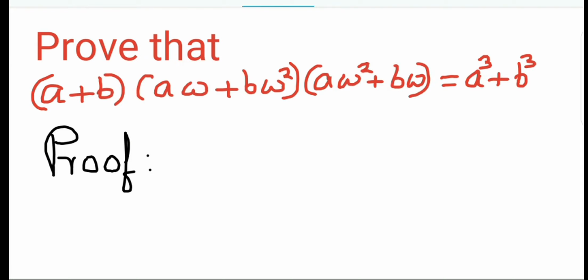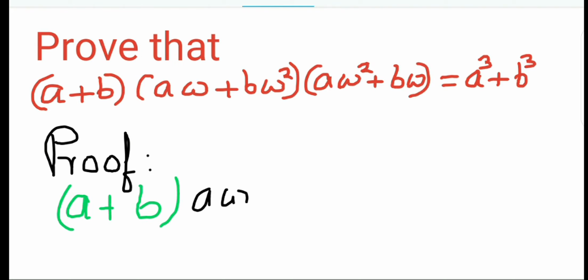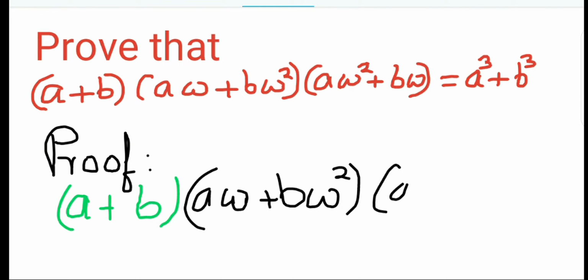For that, let's write the left hand side: (a plus b) into (a omega plus b omega square) into (a omega square plus b omega).